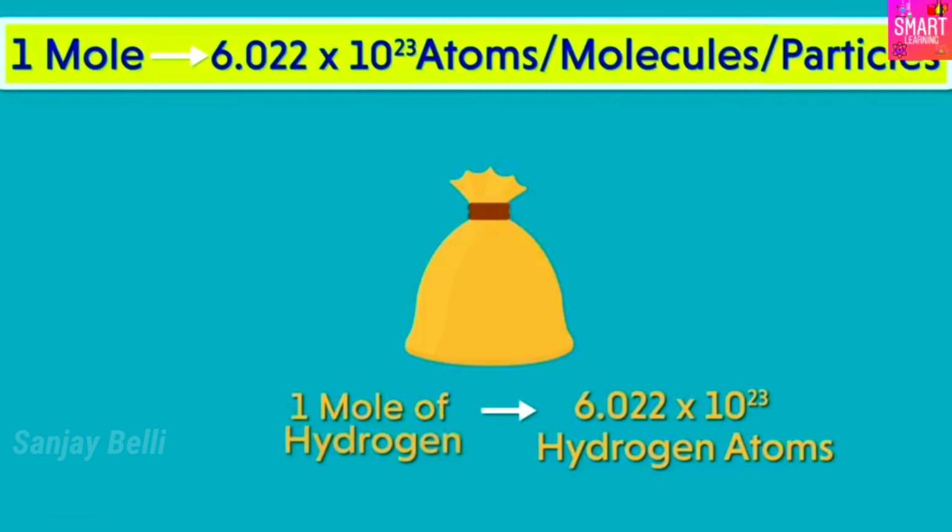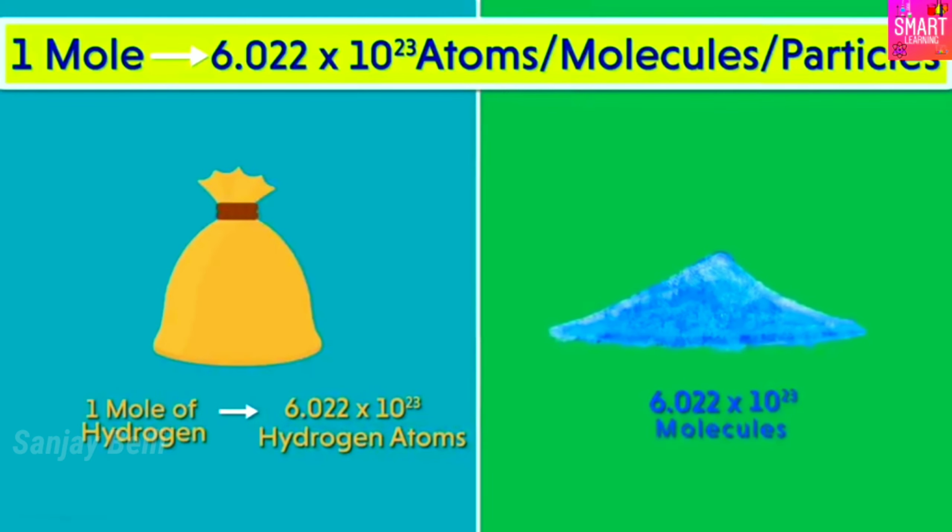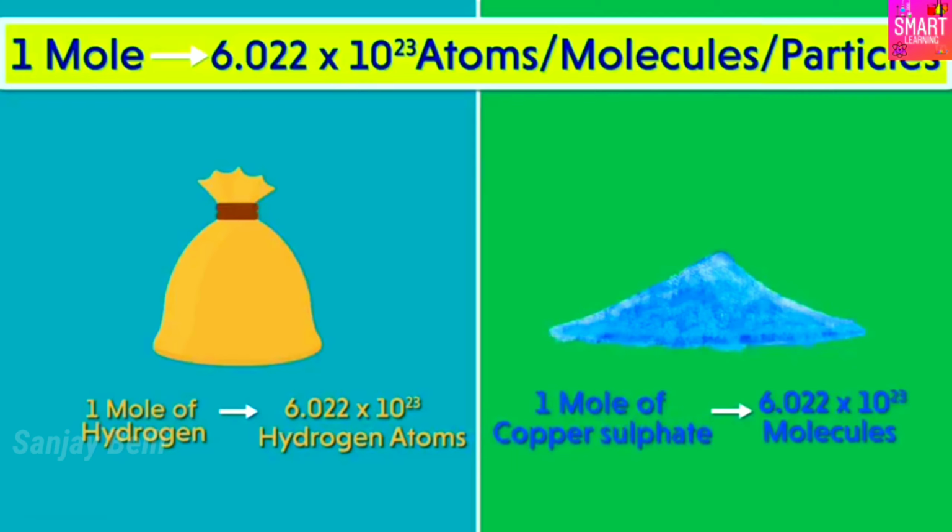Yes, that's right. Similarly, 6.022 times 10 power 23 molecules of any compound like copper sulfate is 1 mole of copper sulfate. Simple, isn't it?